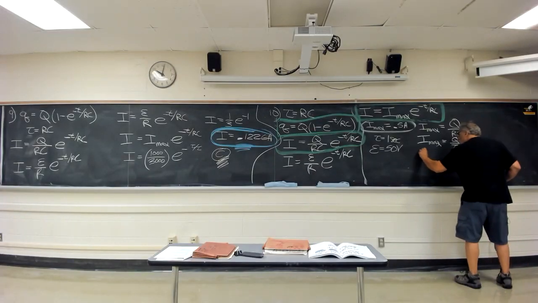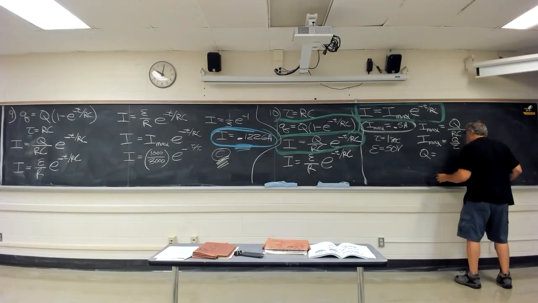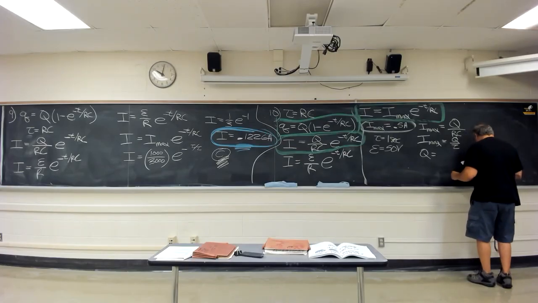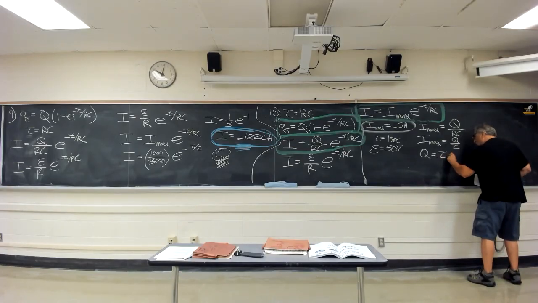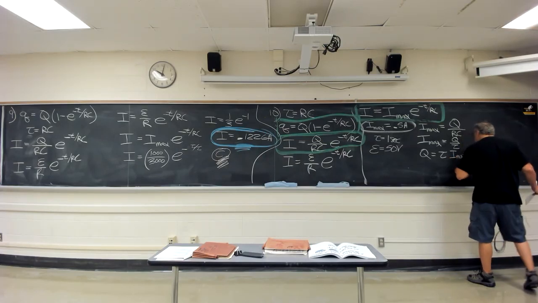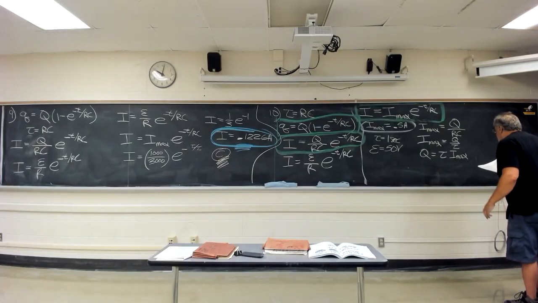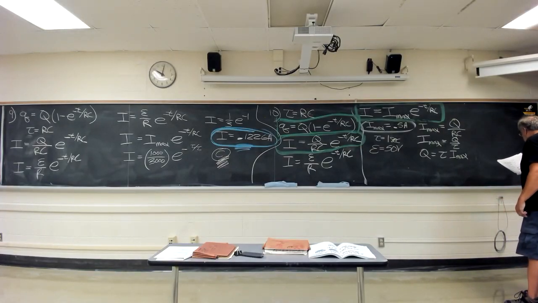So Q is tau times I max. That's pretty interesting. Well, Q is tau times I max. Well, okay.